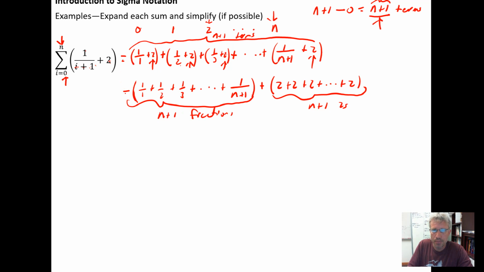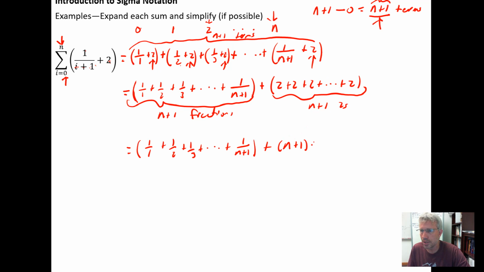So I could actually simplify this again. I could say, well, this is 1 over 1 plus 1 over 2 plus 1 over 3 plus dot, dot, dot, plus 1 over n plus 1 plus, hey, this is just a repeated addition. I'm adding 2 to itself n plus 1 times. So this is the same as n plus 1 times 2.